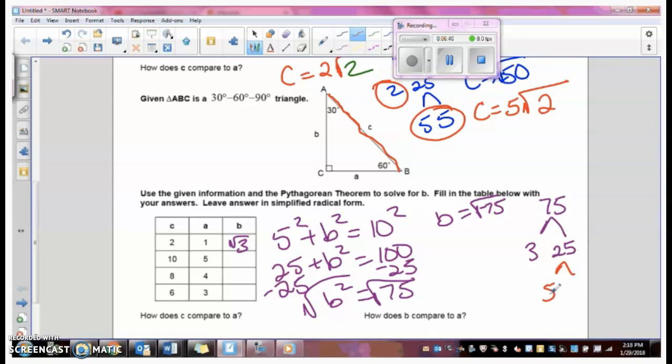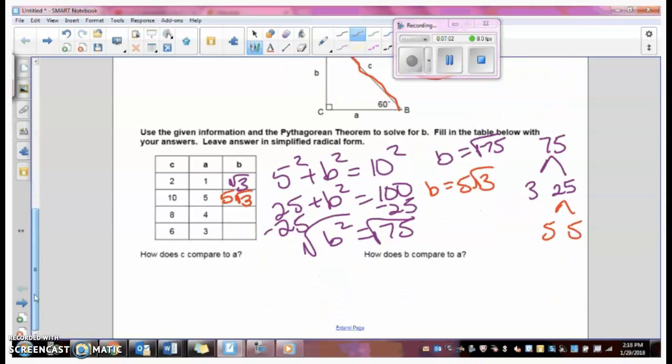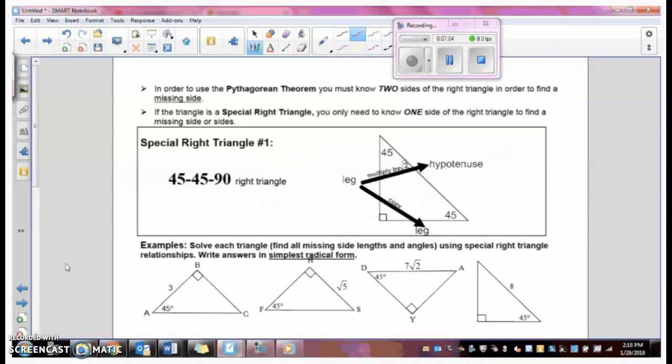And what it comes out to is 5 times the square root of 3. So you should be starting to see a pattern here too. What's going to happen is that all of these are going to be that the longer leg is the shorter leg times the square root of 3.